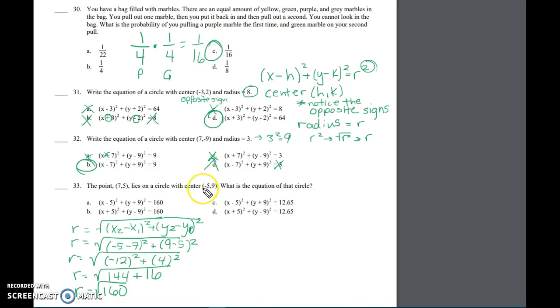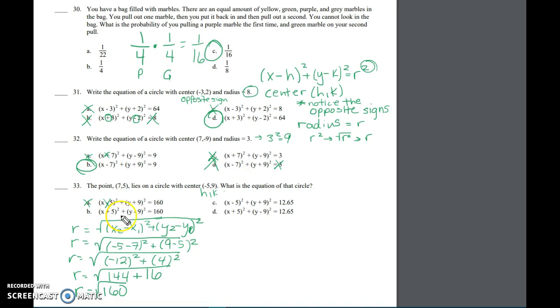Okay, since I have my center, I know this is my h and k. It somehow changed thickness on me. Okay, so this is my (h, k) with the opposite signs going into the equation. So I need +5, -9. This is not positive 5.